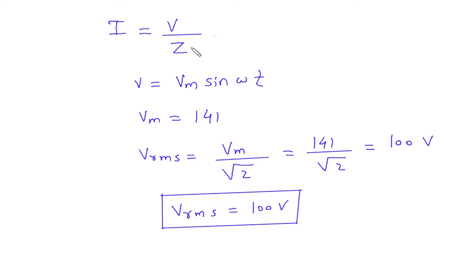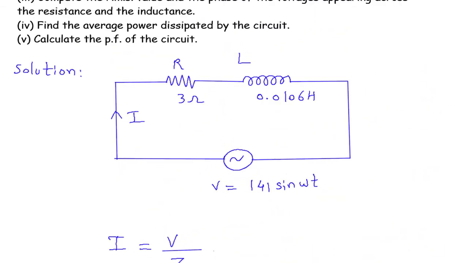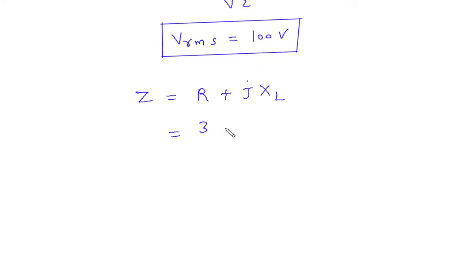Next we have to find the value of Z. So Z is equal to R plus jXL. Now the value of resistance is given, 3 ohm. This will be 3 ohm plus jXL. So XL is 2 pi FL.